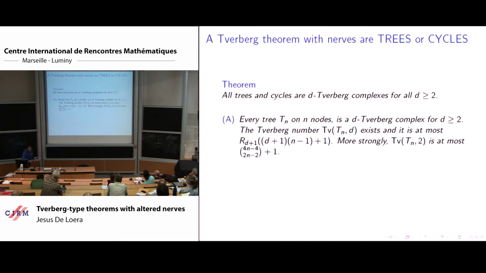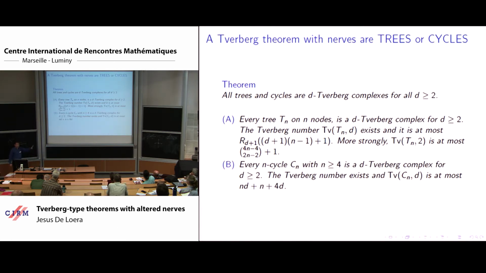Okay. Here's a similar theorem. There's a constant that depends on the dimension and the number n of vertices of a cycle, any cycle that you want. If I have more than this many points, I will be able to find a partition whose nerve is exactly a cycle.